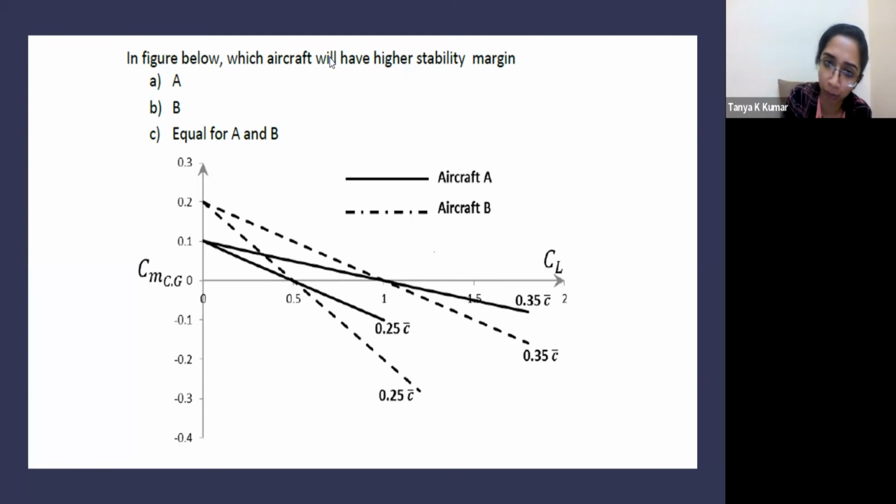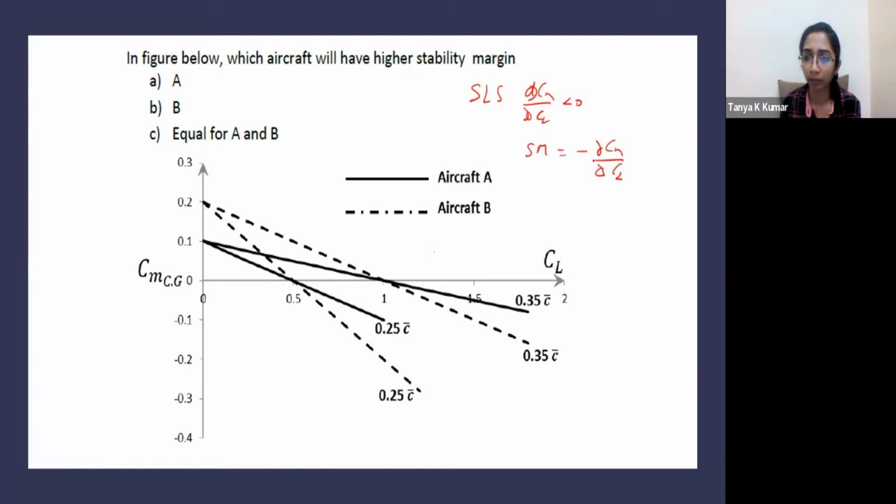dCm/dCL should be less than 0. Yes. So the condition for static longitudinal stability is dCm/dCL should be less than 0. Your static margin is minus dCm/dCL. Higher the static margin, higher is your stability.